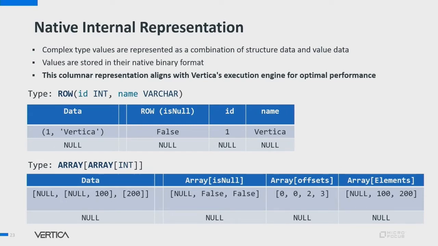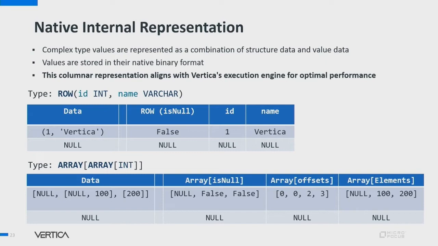In particular, we represent the complex type values using a binary format, which is organized in a columnar representation. This representation aligns with the way that Vertica's execution engine has traditionally worked, which means that complex type queries can exploit all the same benefits that queries against non-complex type data can.